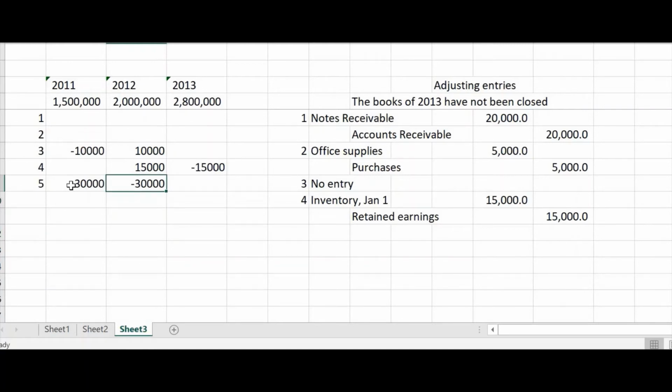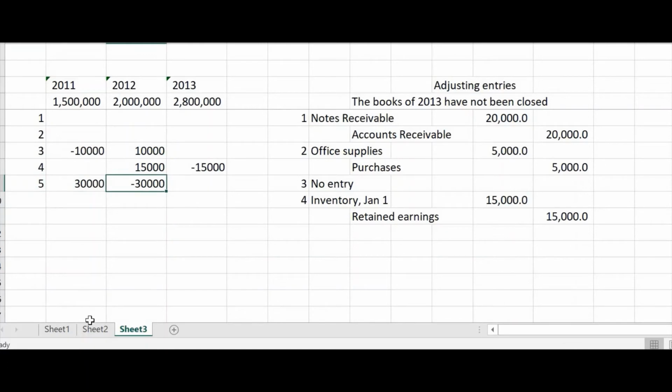Kasi for 2012, your purchases na is understated. Kasi dapat sa 2012 kasi yun dapat na purchases. So, understated yung purchases, understated yung cost of goods sold, therefore, overstated yung net income. And wala yung adjusting entry since nag-counterbalance na yan siya on 2012 ang error.